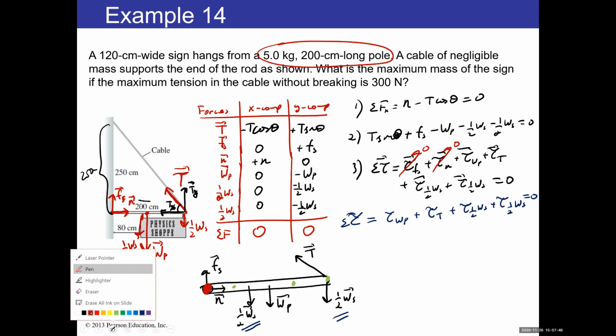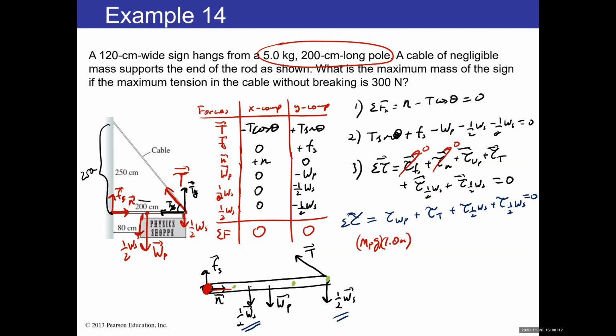Taking that left end to be my pivot point, or axis of rotation, I'm going to first write in terms of the weight of the pole. The torque due to the weight of the pole is the force magnitude, which is the mass of the pole times g, times its distance, which is half the length. So it's 1 meter, because it's 100 centimeters.